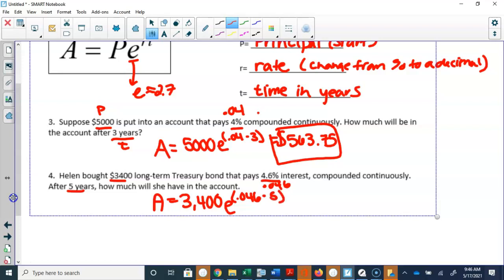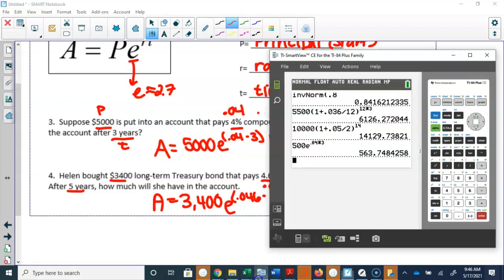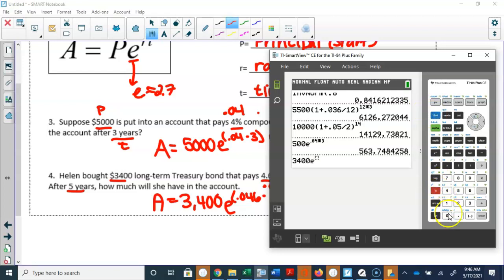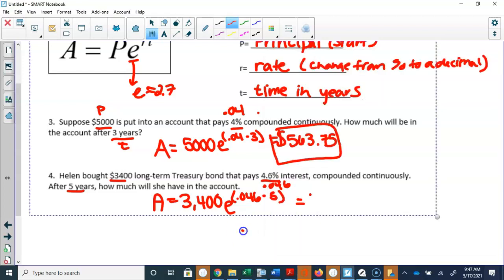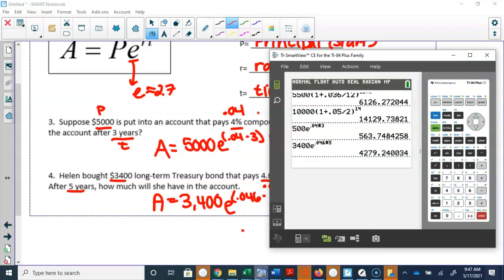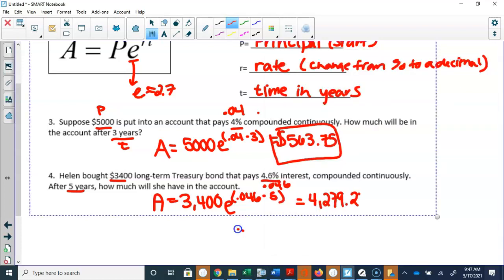We go ahead and type that into our calculator: 3,400, remember that e is that second ln, 0.046 times 5. And I get $4,279.24. And 24 cents.